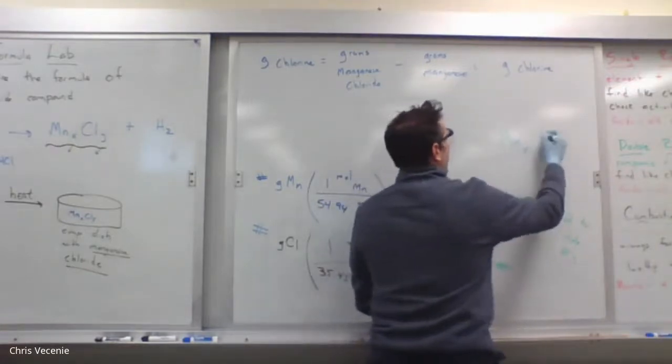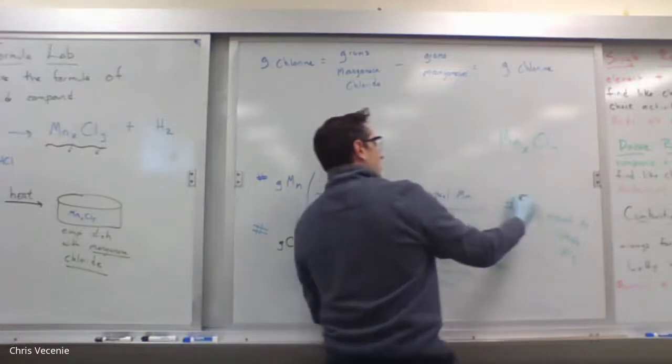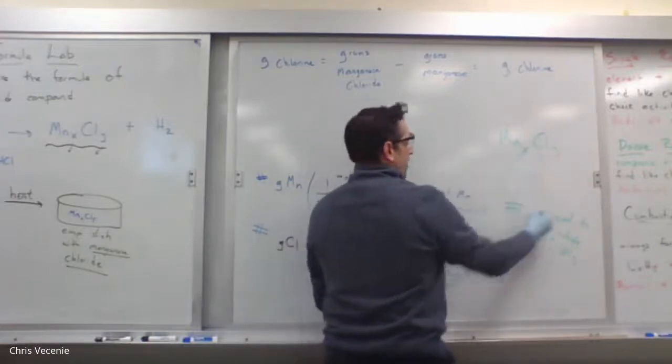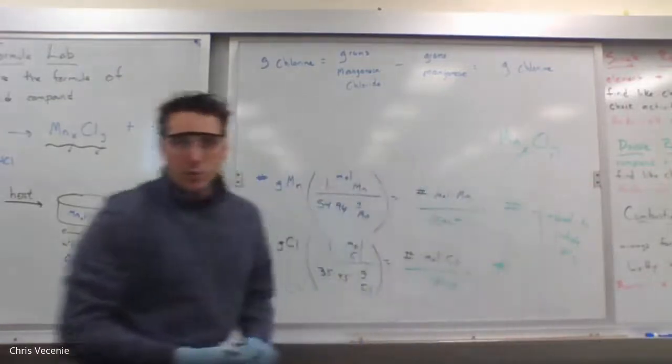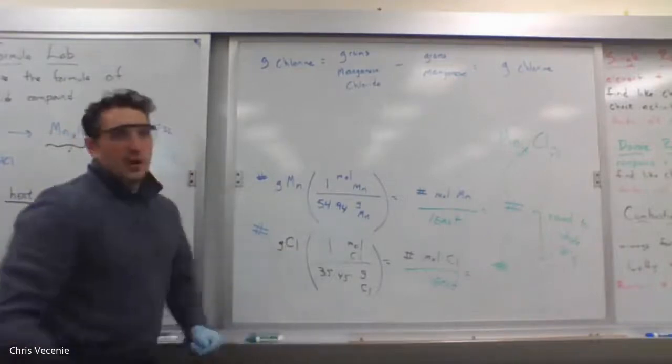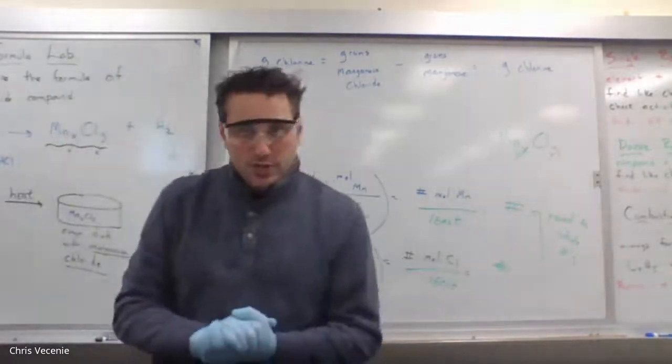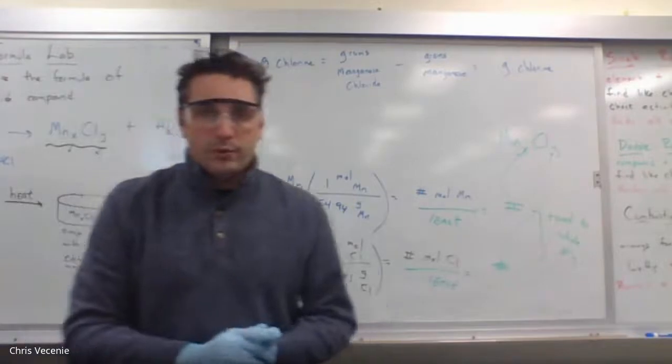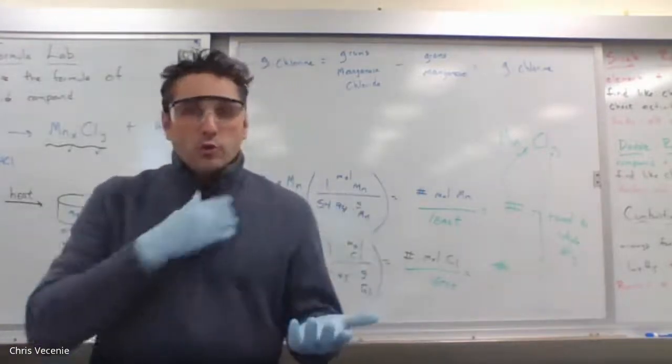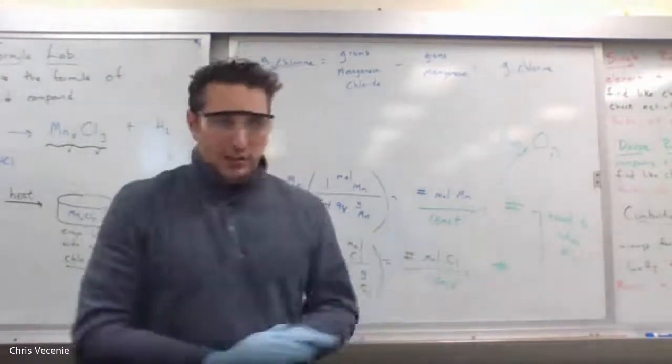Mn x Cl y. So whatever the Mn's number is will go here, and the Cl's will go here when you round them. And that's a slight difference, right? I can't control the lab numbers that you get. Now, mine will be pretty reliable, but yours wouldn't be. So I always have you guys round.